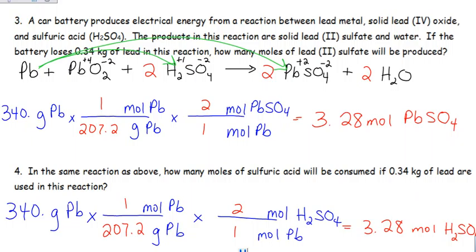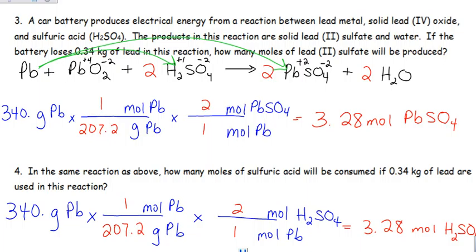We have a car battery producing electrical energy from a reaction between. Okay, so this reaction is a little crazy, but they tell you everything. The reaction is between lead metal, just Pb, solid lead 4 oxide, lead plus 4, oxygen minus 2, and sulfuric acid, or sometimes it's called battery acid.